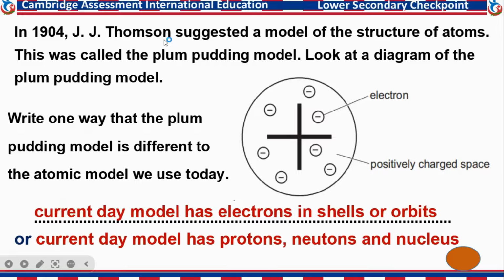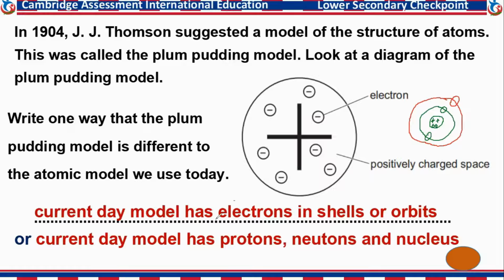Just as I showed earlier, the first shell can accommodate a maximum of 2 electrons. Then the second shell can have up to 8 electrons. So you have electrons orbiting around the nucleus.